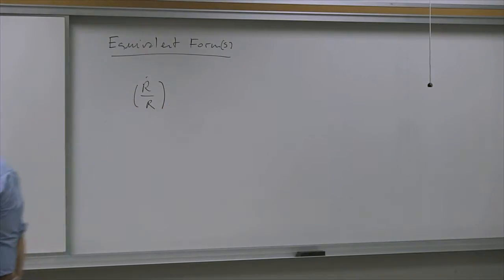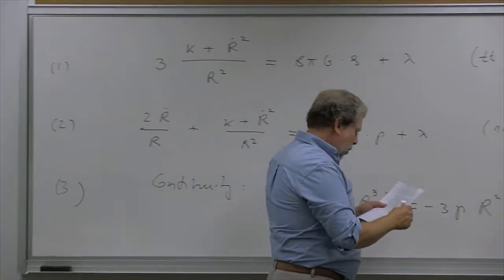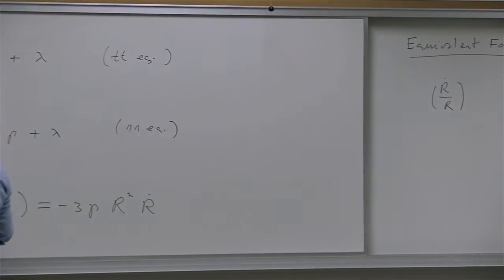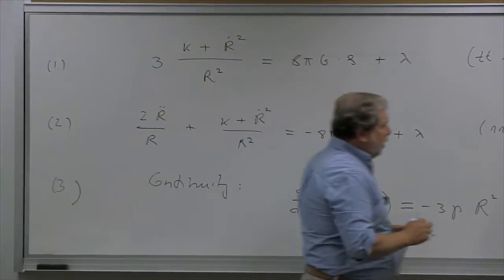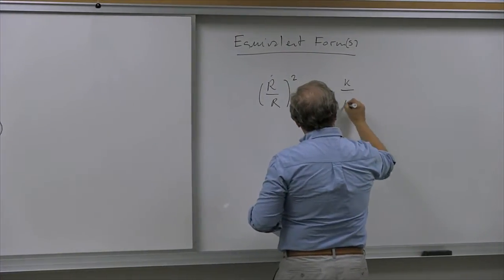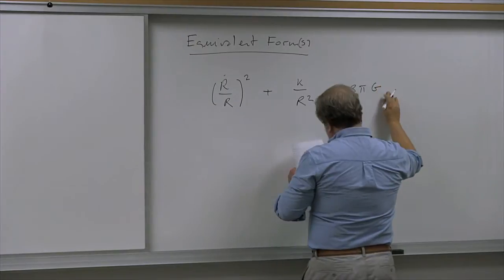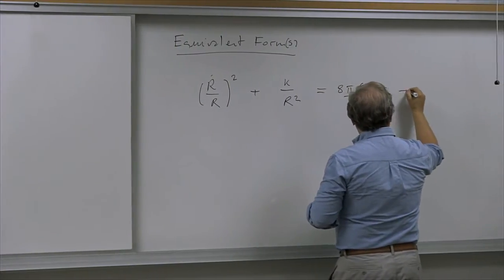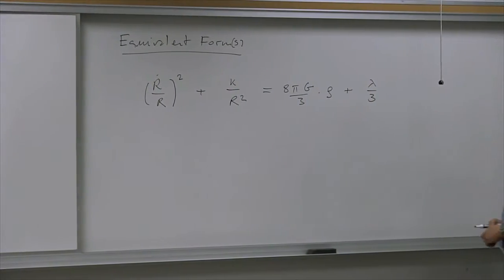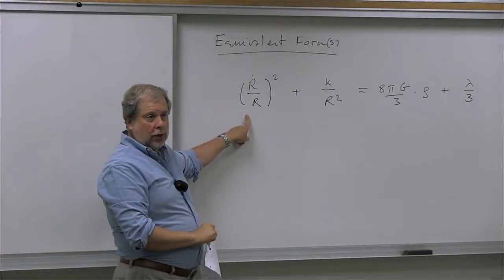The first equation we'll leave essentially the same, except we're going to divide out by 3, and we'll isolate the k over r squared term and write it as r dot over r squared plus k over r squared is equal to 8 pi G over 3 times rho plus the lambda term, which in this case is just lambda over 3 because we divided everything by 3. And well, this part here is going to be recognized in a little bit as essentially the Hubble constant term.